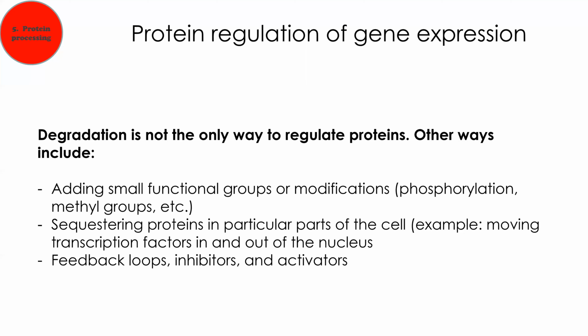Okay, we can allow it to be translated, and then we can regulate the protein. So how do we know, looking at a protein, what steps were taken to get it there? It's difficult to know, but the truth is that almost all of the proteins and gene products that we make are going to be regulated in multiple ways.